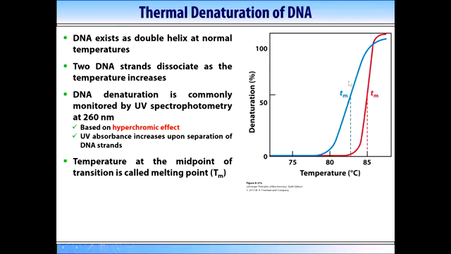The melting temperature is the temperature at which 50% of DNA is denatured. The same as with the Michaelis constant, remember? It's the concentration at which the speed of the reaction is 50% of the maximum. So can you, just by looking at this graph, tell me which one, the blue or red, has high GC content?